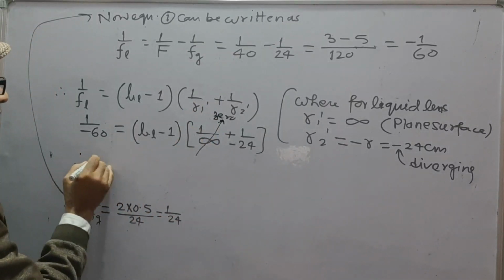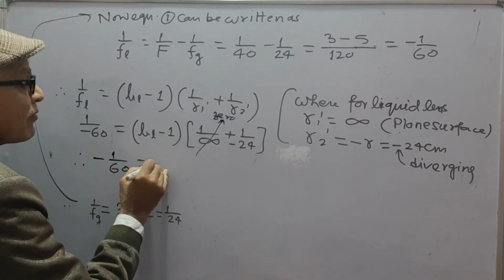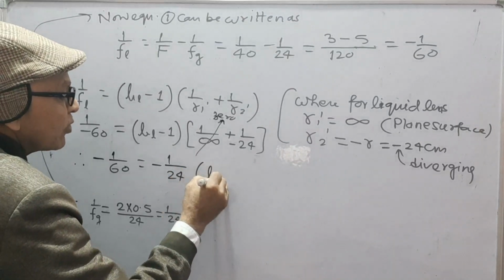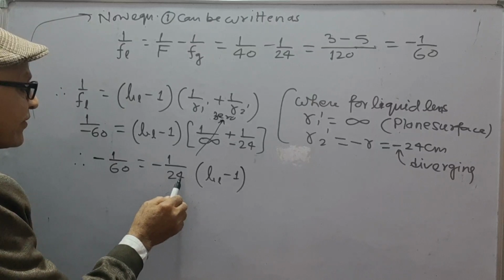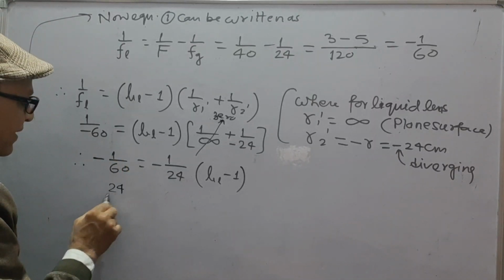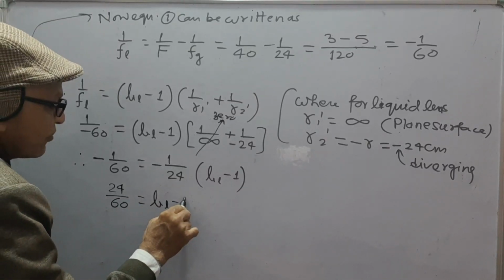Therefore, minus 1 upon 60 will be equal to minus 1 upon 24 into mu L minus 1. Minus minus cancels out. 24 can be taken here. So 24 upon 60 is equal to mu L minus 1.